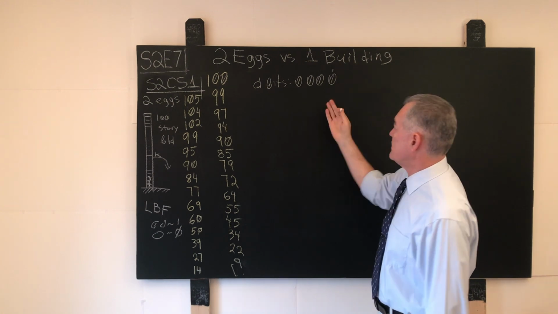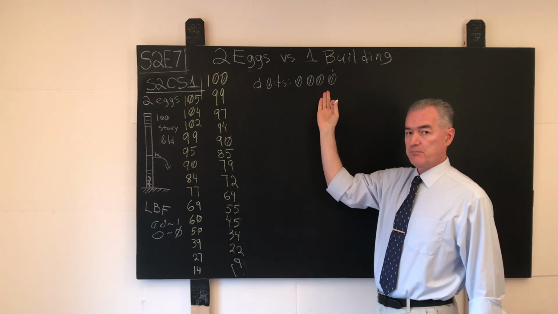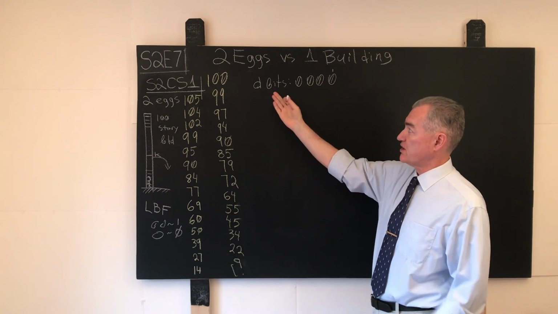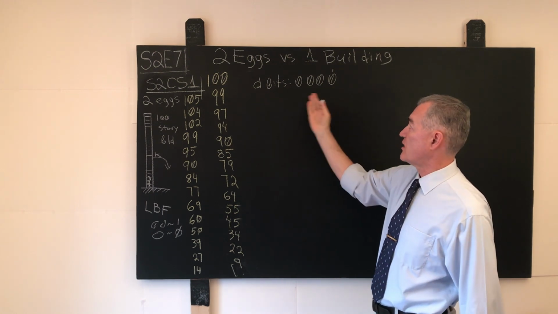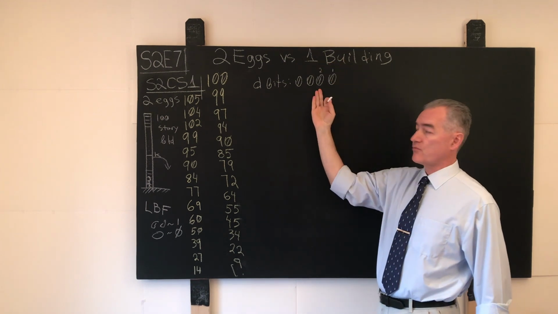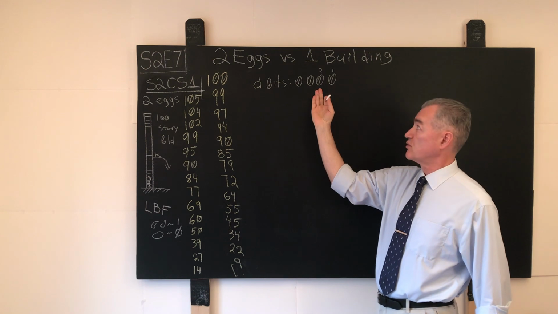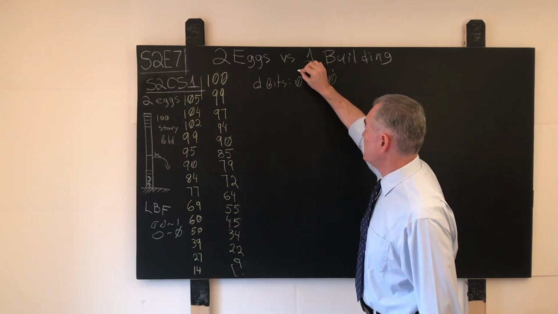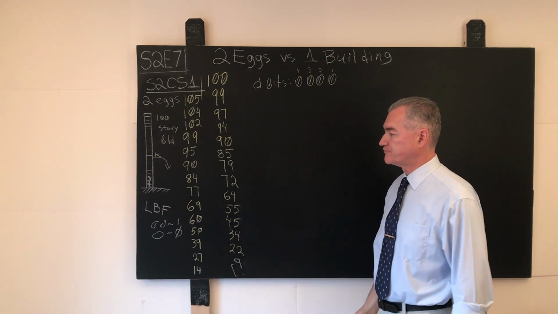So the rightmost bit position over here in this representation of the number of drops will be 1. The next ordinal number of the next bit position will be 2. The next one will be 3, and the next one will be 4.